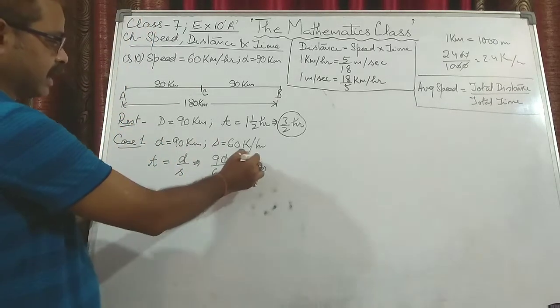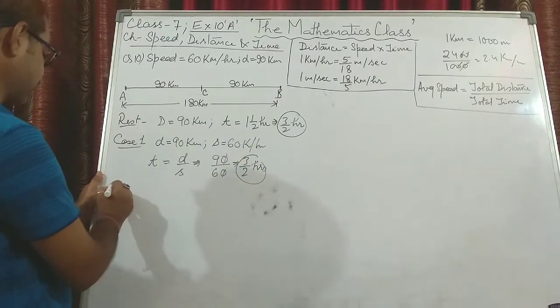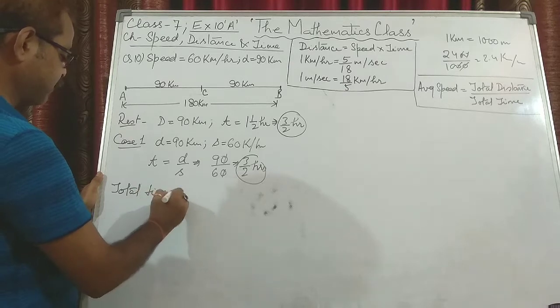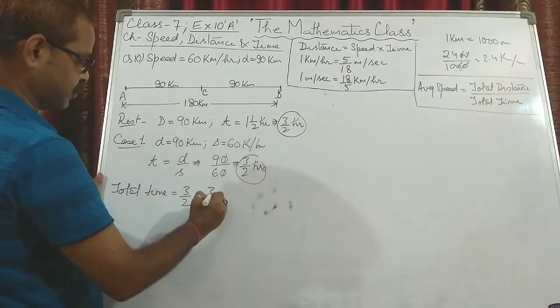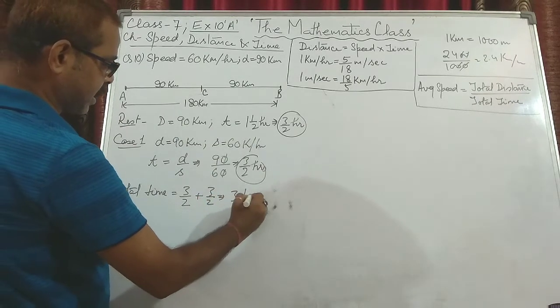So total time is 3 upon 2 plus 3 upon 2. In the first case he uses 3 upon 2 hours, and in the second case also 3 upon 2 hours, so total time is 3 hours.